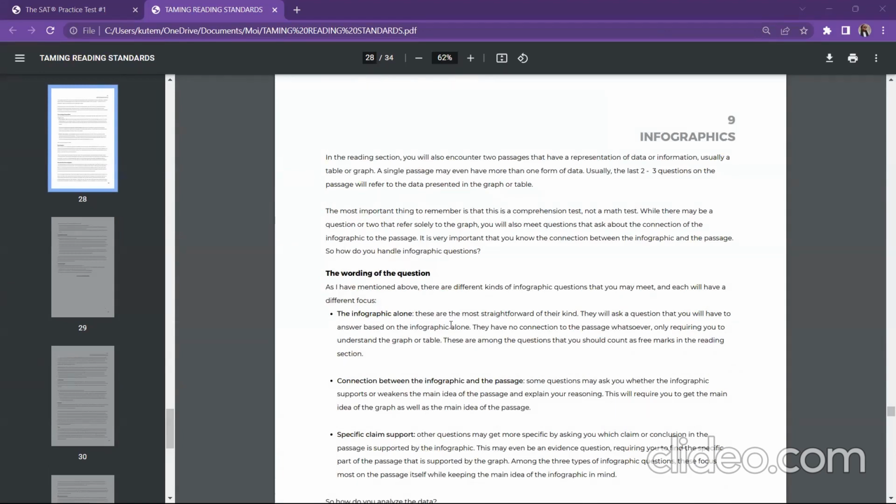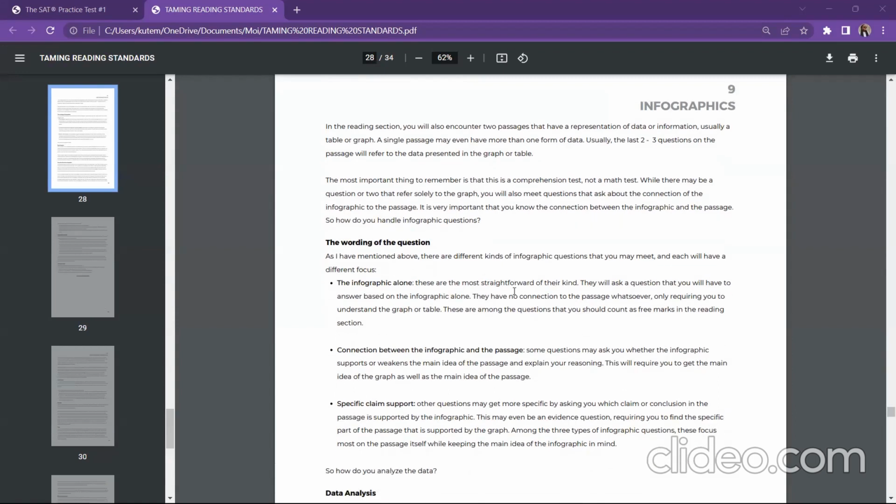Okay, so most of this information is from the old SAT, so we'll be skipping a bunch of things that are not relevant anymore, but we'll look at what can still help you when it comes to infographics. I already said, when it comes to infographics on the reading section, it's not just going to ask you what a number was, like if it's giving you the price of corn by year, it's not going to ask you in 2012, what was the price?